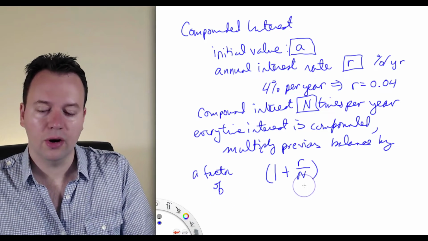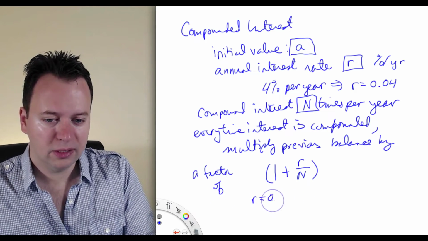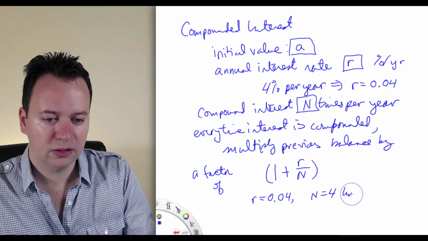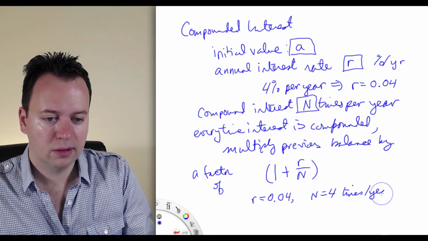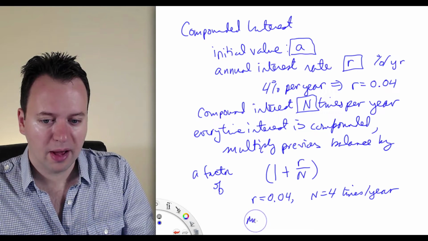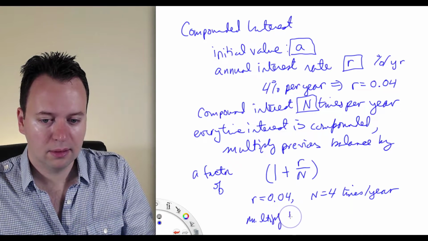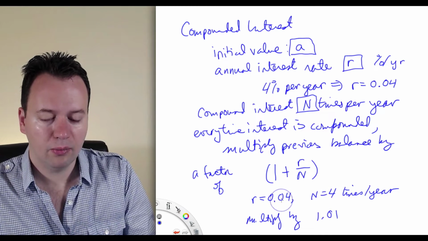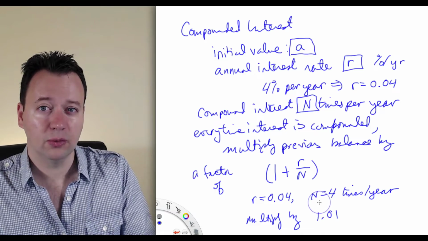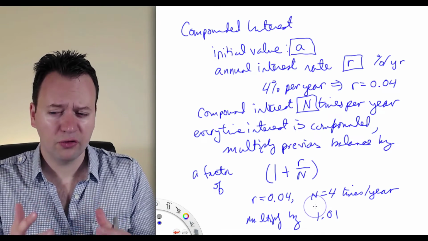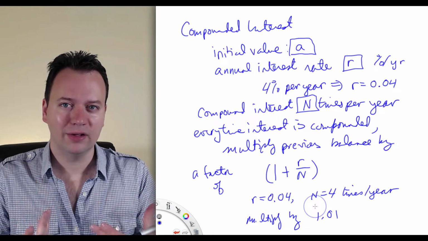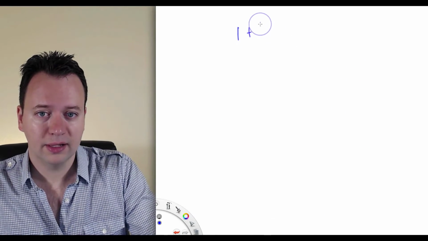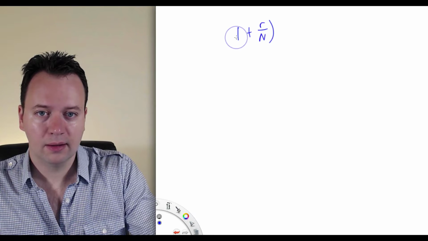So again, if R was equal to 0.04 and n is equal to 4, so that's 4 times per year, we would be multiplying by 1.01, because 0.04 divided by 4 is 0.01. So that's 1/4 of the total interest every time the interest is compounded. So that formula was 1 plus R over n.